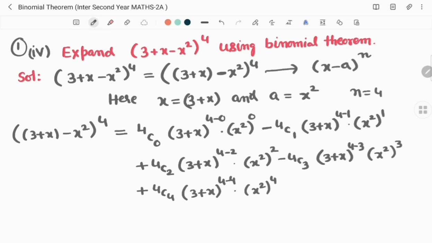This is the way you have to expand by using the binomial theorem.